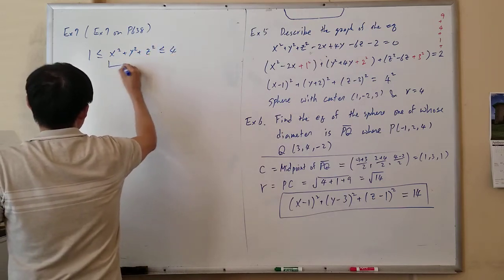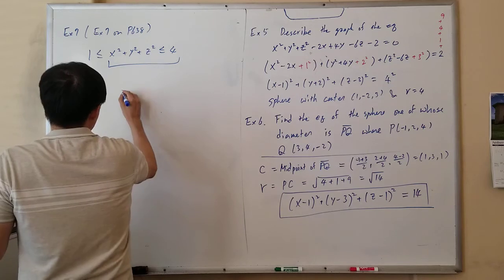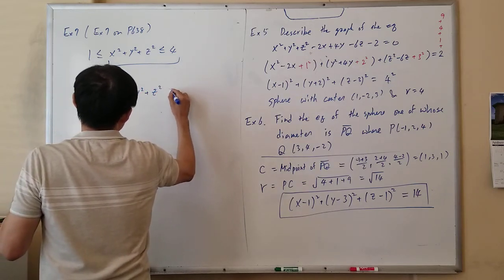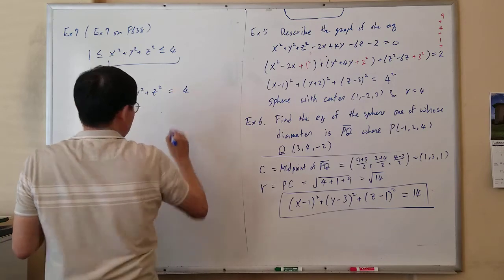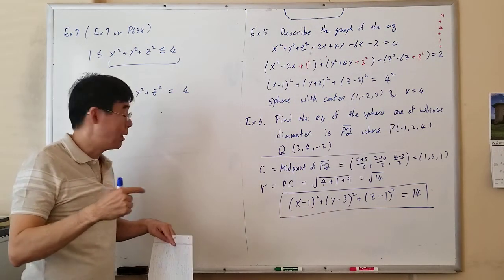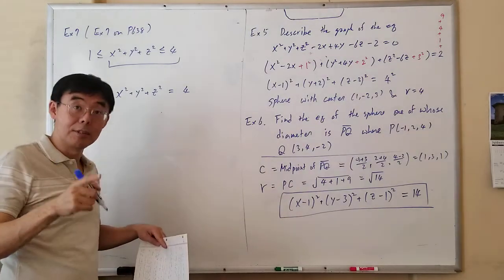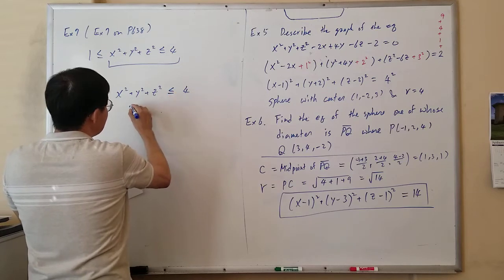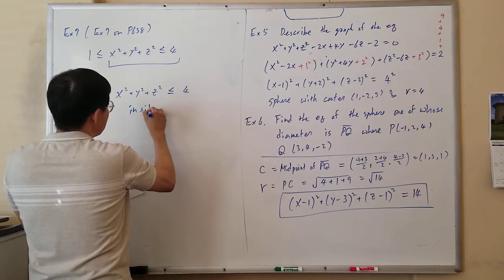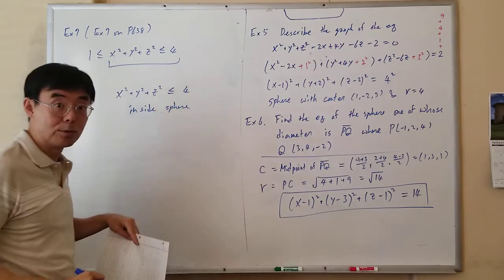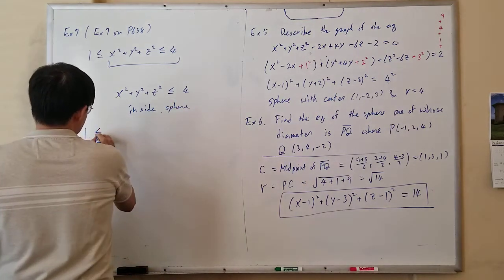First of all, let's think about this one. x squared plus y squared plus z squared equals 4 would be a sphere whose center is 0, 0, 0 and radius is 2.